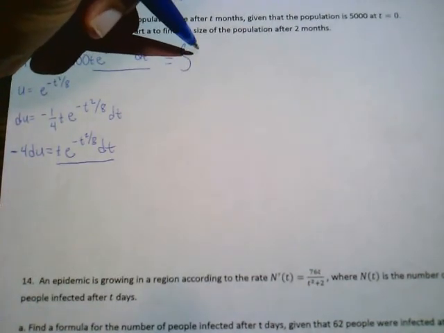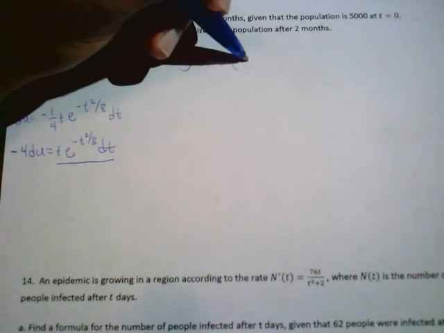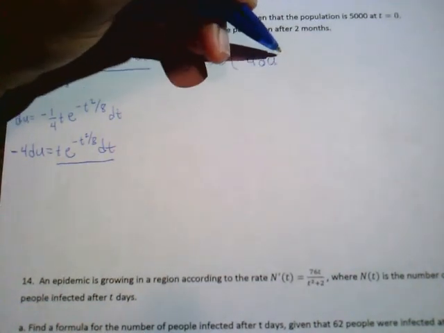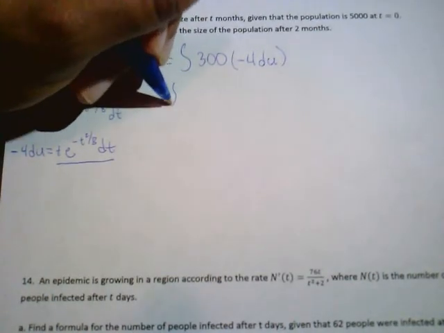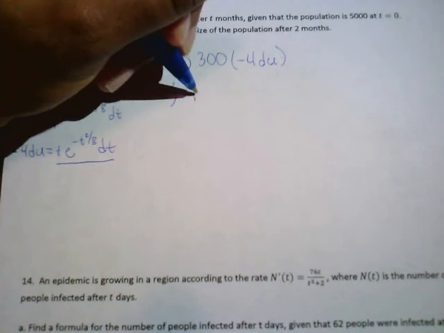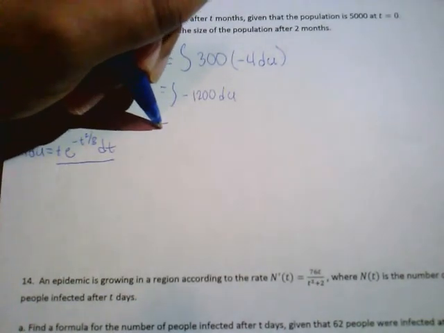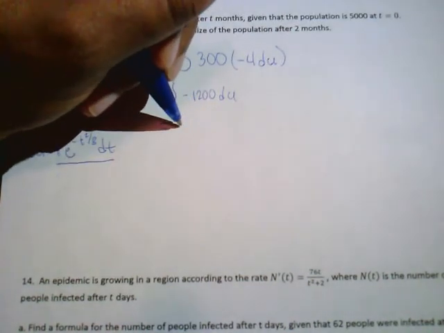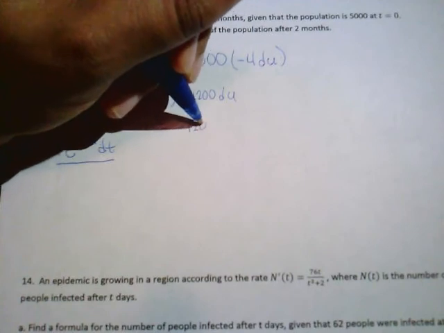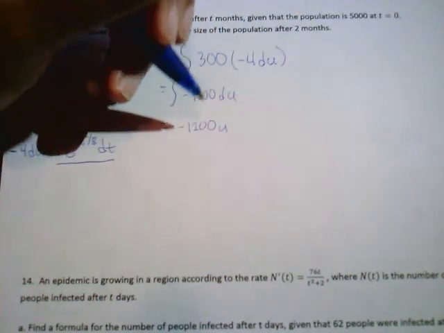So this equals the integral of 300, and now we put negative 4 du in there. So this equals the integral of negative 1200 du. So that means our population function is going to be negative 1200 u, and we'll substitute back in e to the negative t squared over 8 for u.